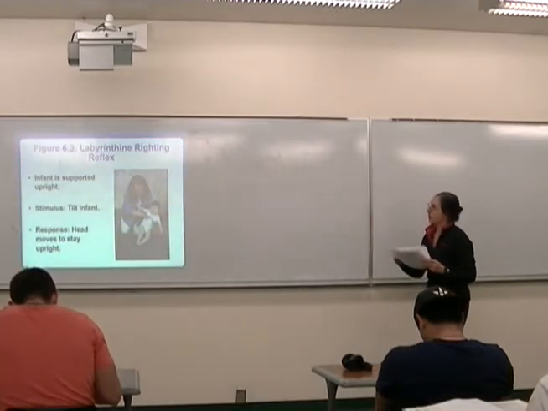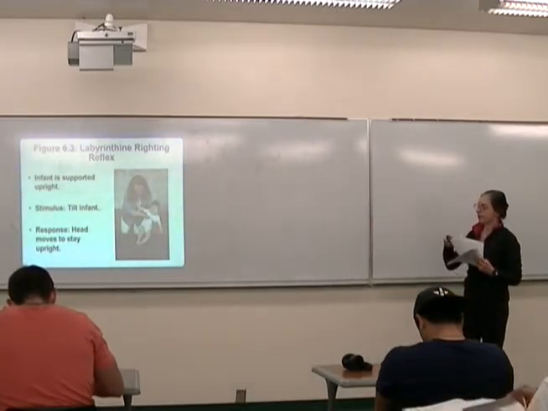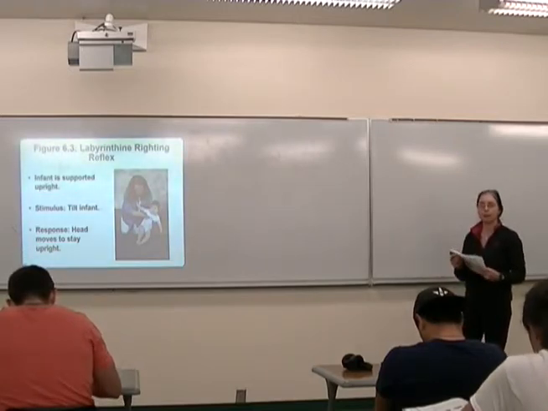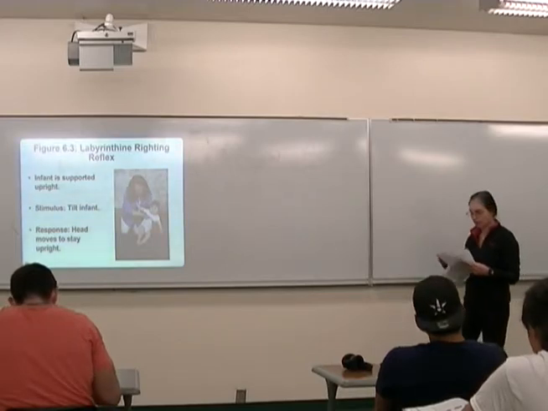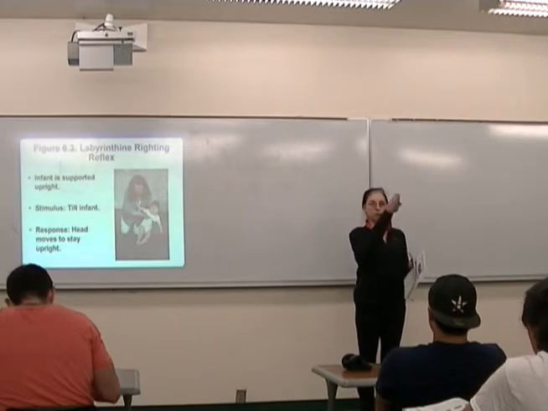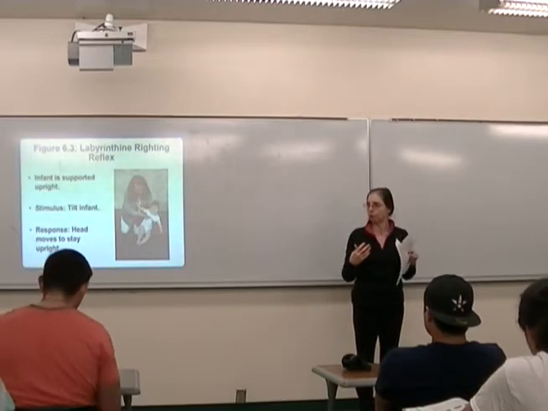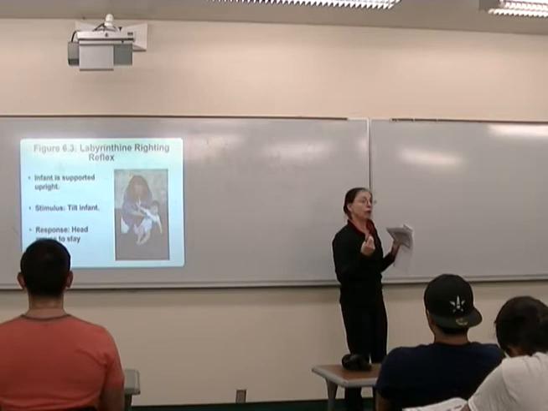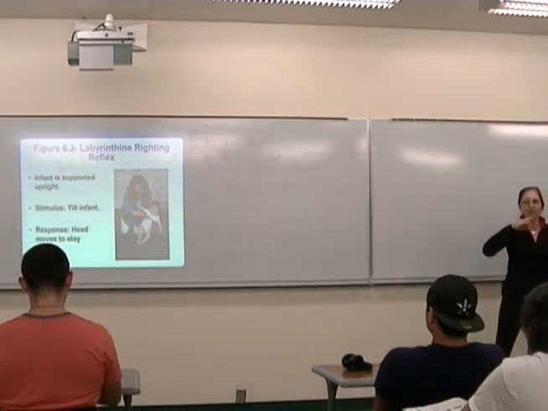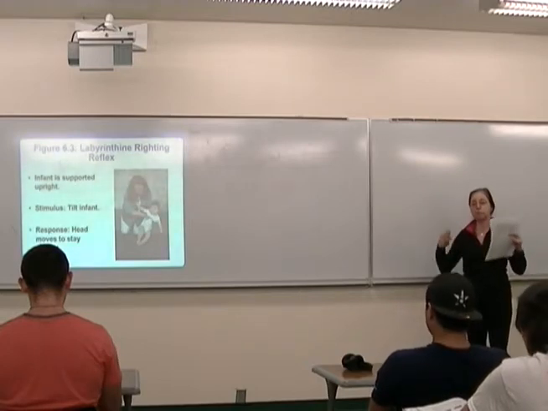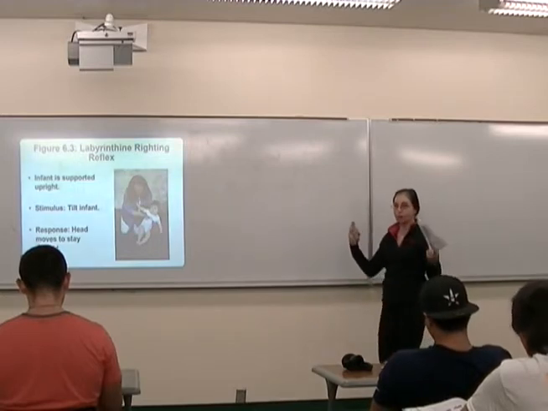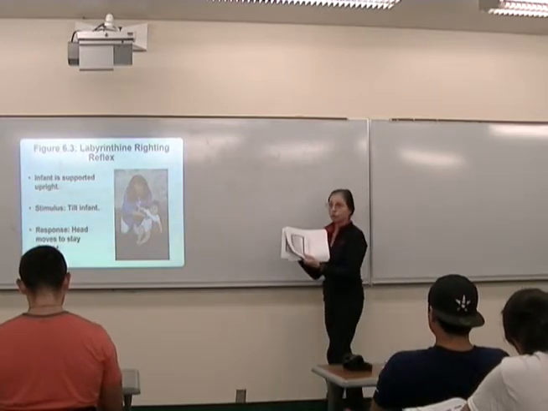So the labyrinthine righting reflex is a classic one. Human beings like to be upright, right? We like to be upright and we like to be straight, preferably, right? That's our most comfortable. For some people, that is such a strong reaction and feeling that it's very difficult to teach them to do gymnastics or other types of sport where they would have to go upside down or be on angles and things.